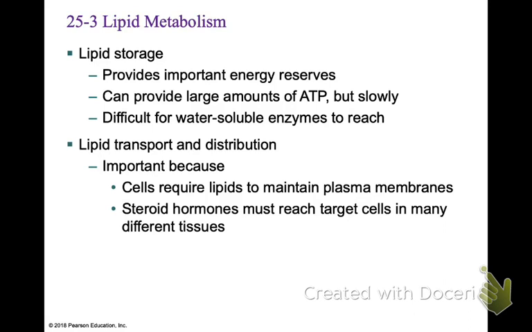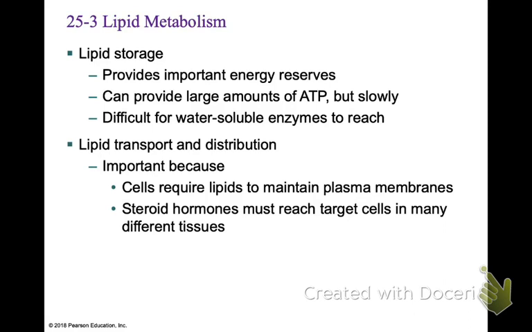If you over-imbibe alcohol, for example, alcohol gets broken down to acetic acid, acetyl groups, and gets converted to fat in the liver. You also have to be able to transport lipids because they're not soluble in water. So just getting lipids from your digestive tract to your liver, from your adipose to your body cells, it's not that simple. It's not that straightforward.